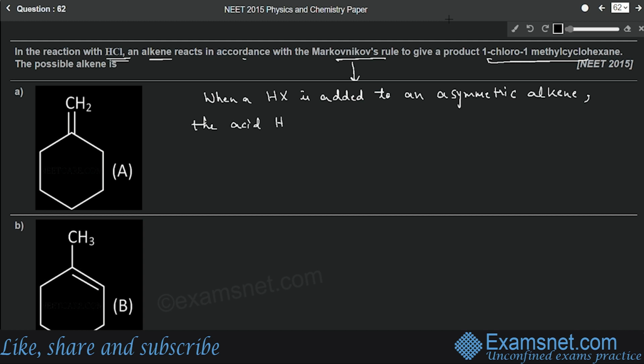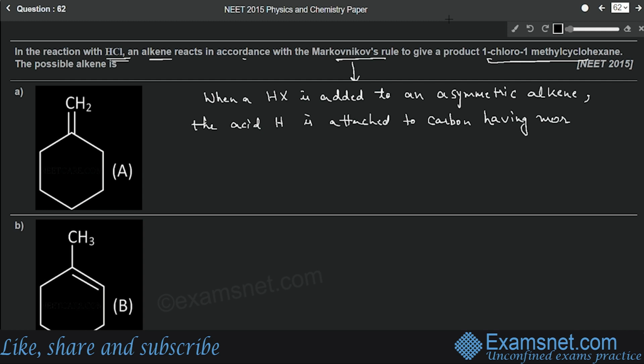The acidic hydrogen gets itself attached to the carbon having more number of hydrogens.